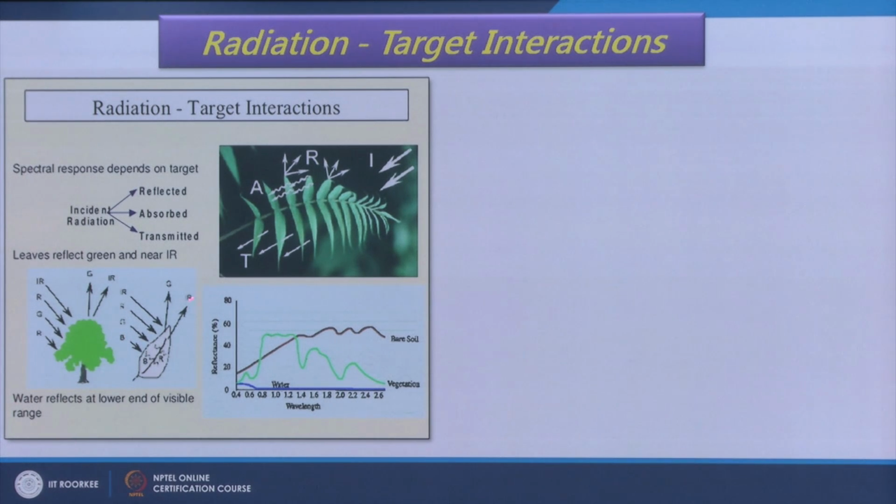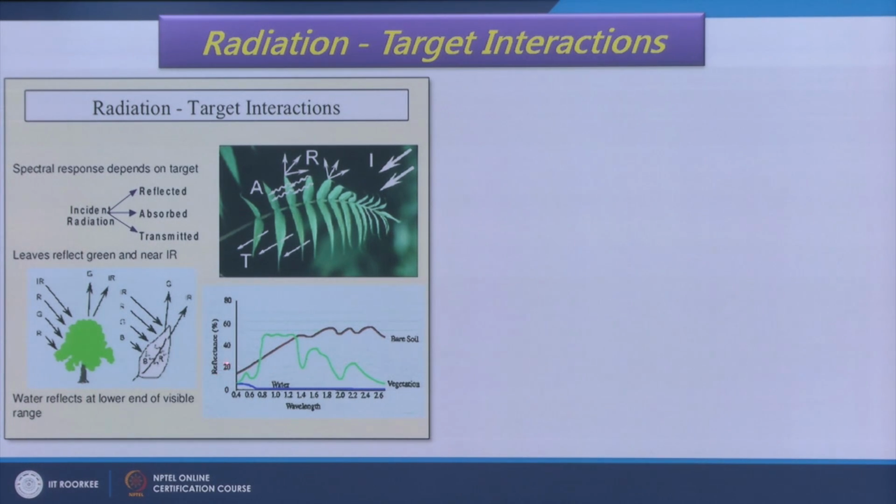as we can see in this small spectral curves of three types of objects which are shown here. These are more or less standard spectral curves, with wavelengths on the x axis and reflection in percentage on the y axis.